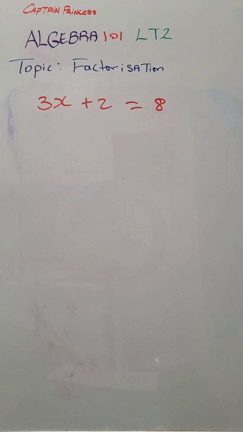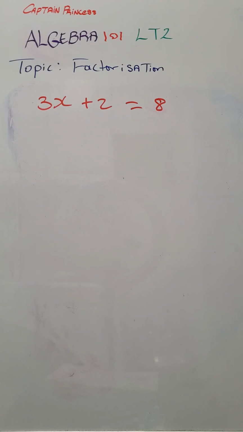So from this, we're going to solve for x. So what is x? The variable. So how you do an equation of this form is you need to get all the numbers to the right hand side of the equation. And then you will have x standing alone on the left hand side, and that will be the solution.